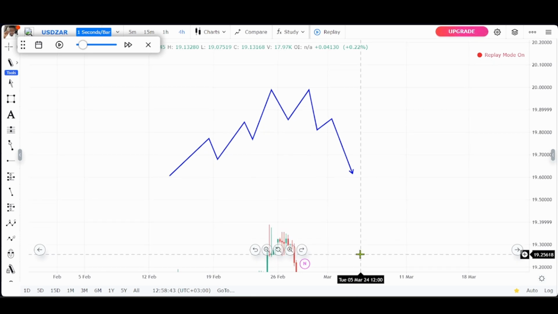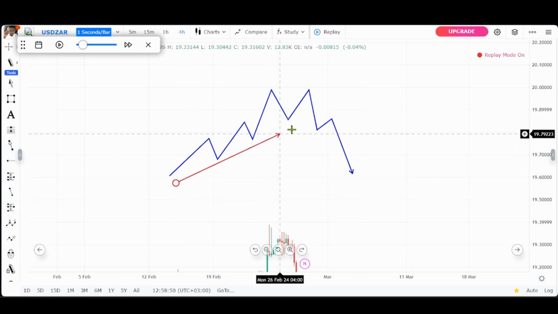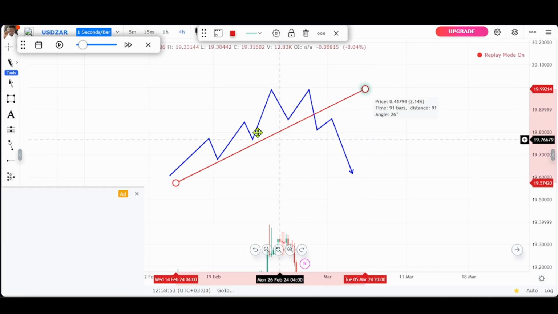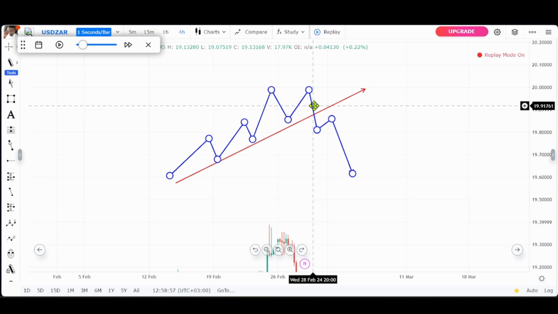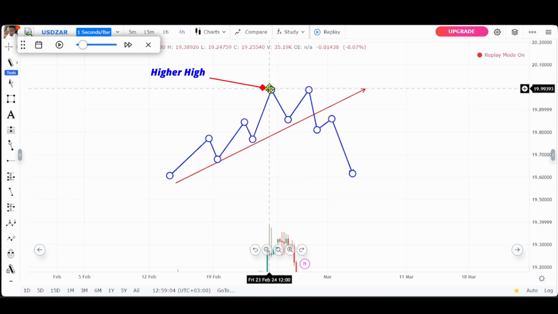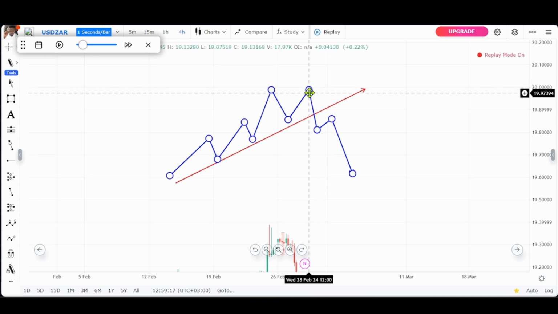Now, we can see here the market is bullish, but it failed to break the previous high and closed at the same high as the previous high. You can see here it failed to break this high and closed at the same high as this one.